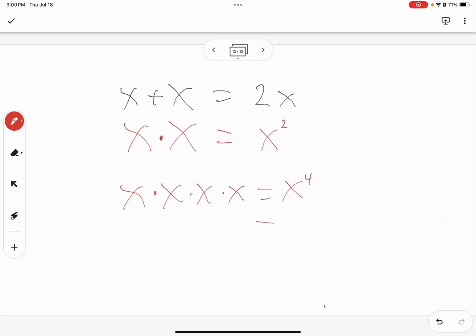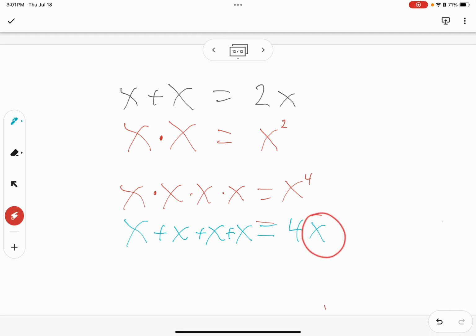But if we had x plus x plus x plus x, that's going to give us 4x because we've got 4 of the x's being added together. So that's the difference.